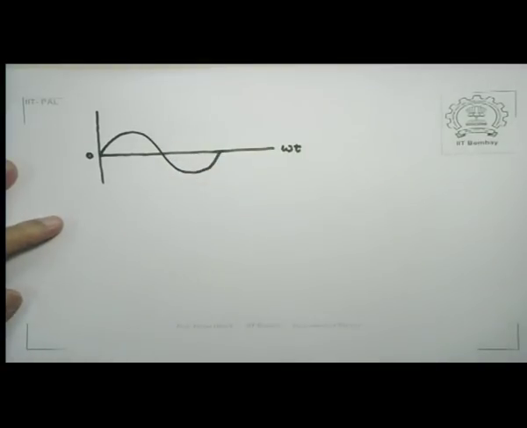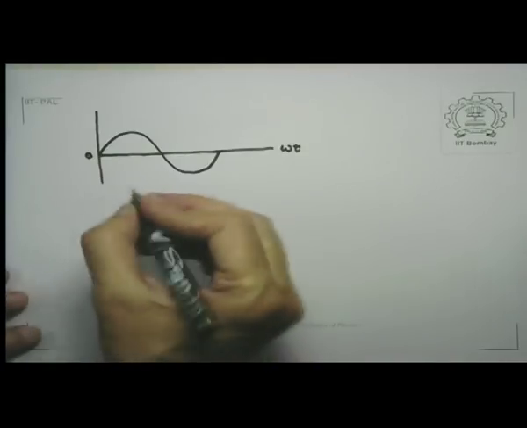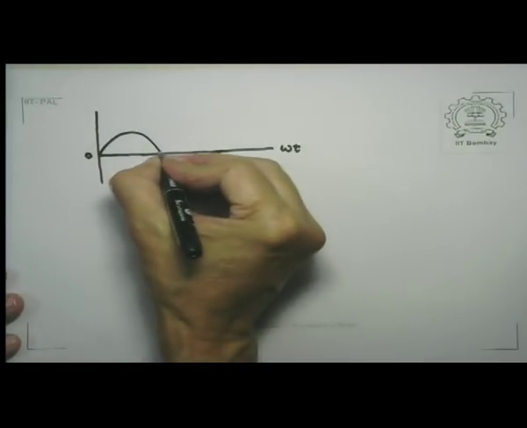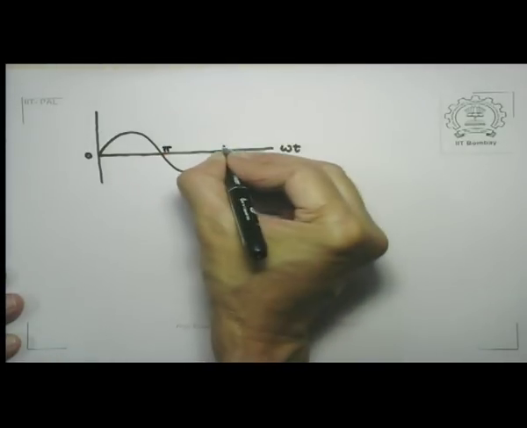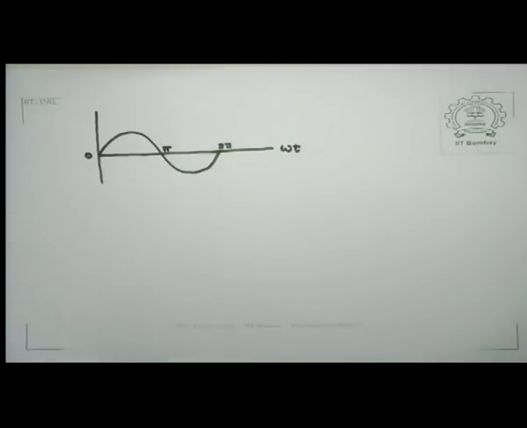This is just one cycle I'm showing. Now, this is 0, this is of course the phase. Remember, I'm doing it in terms of omega t. This is pi, this is 2 pi, corresponding to time T by 2 and the full cycle T.